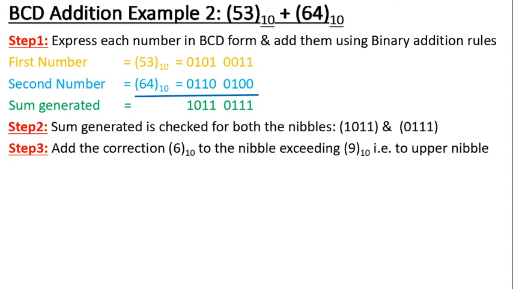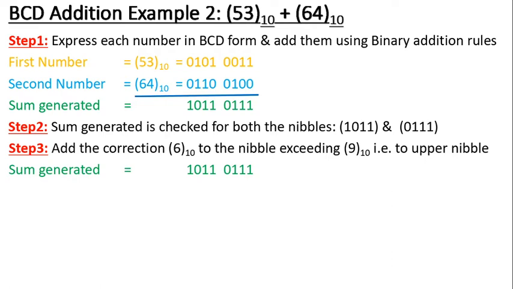Then in step number 3, add the correction 6 decimal, which is equal to 0110, to the nibble exceeding 9. In step number 2 it is very clear that the upper nibble 1011 is exceeding 9. The lower nibble is well below 9. So the correction is to be added to the upper nibble only.